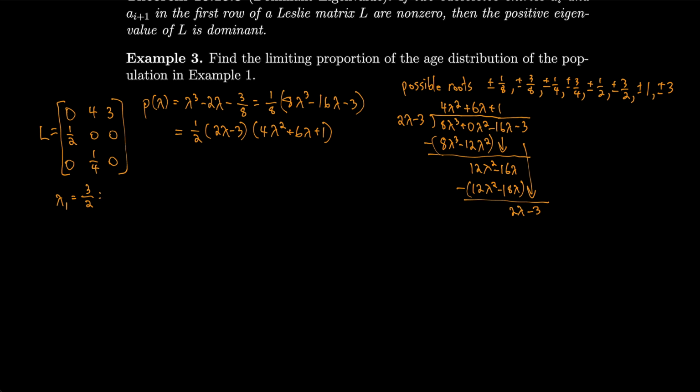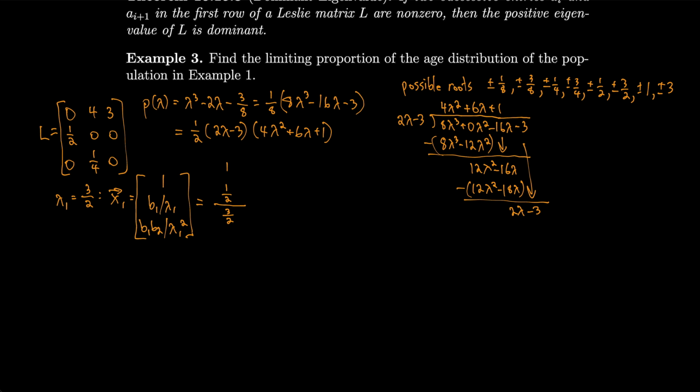So that gives us x1 equal to 1, b1 over lambda 1, b1 b2 over lambda 1 squared, as we saw for the formula for x1. I didn't prove it, but that's what it is. So we'll set that equal to 1, then b1 is half divided by lambda 1, 3 over 2.